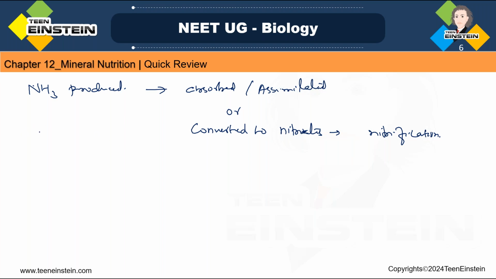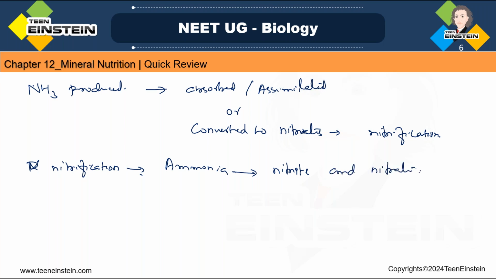Then during the process of nitrification, ammonia is oxidized into nitrate. So during this process of nitrification, ammonia is oxidized to form nitrite and nitrate, nitrite ions and nitrate ions.